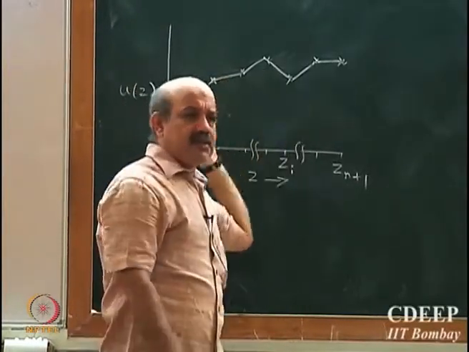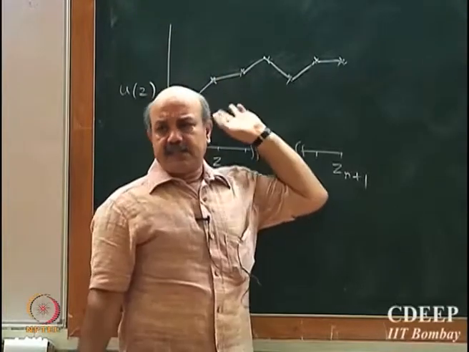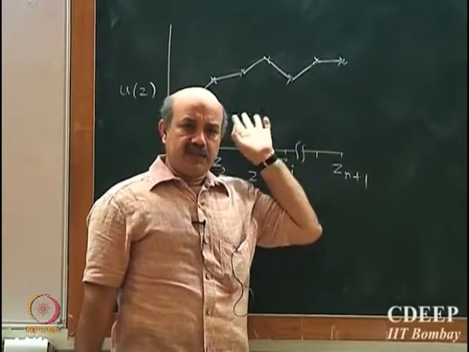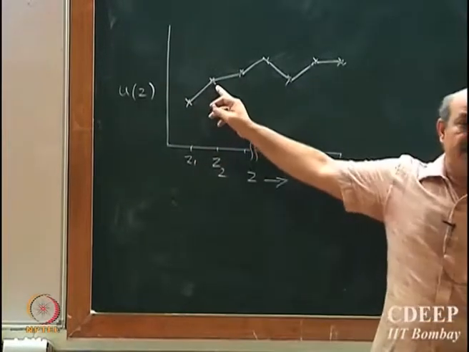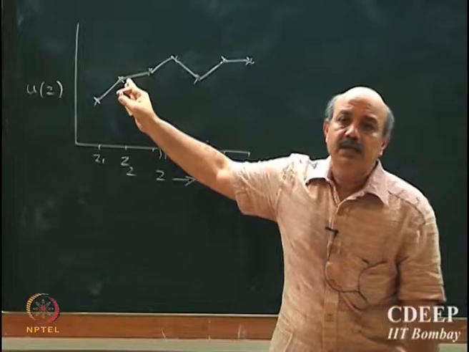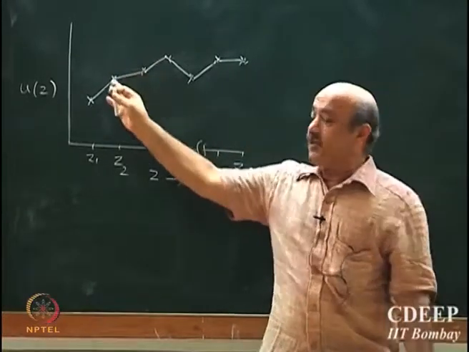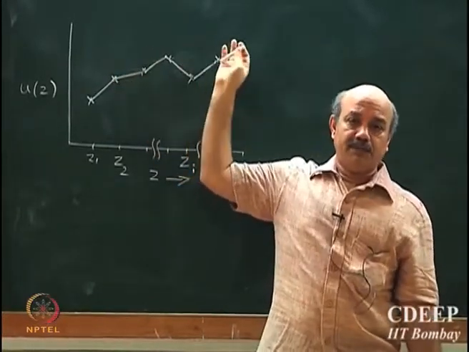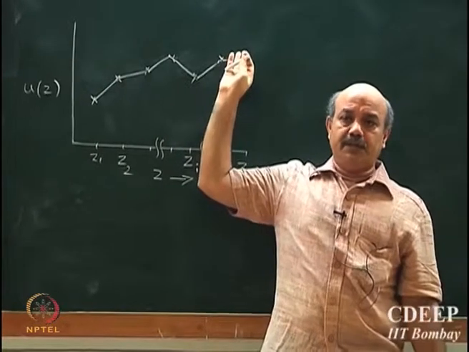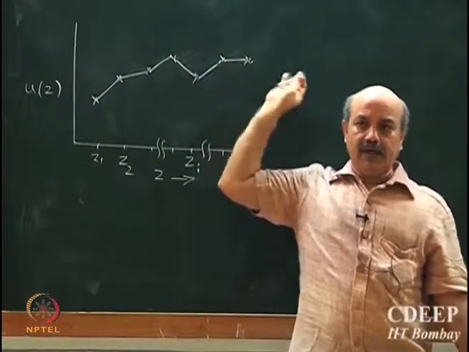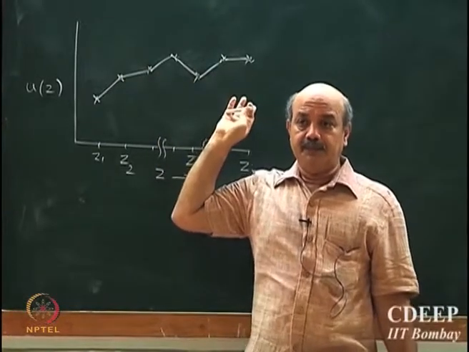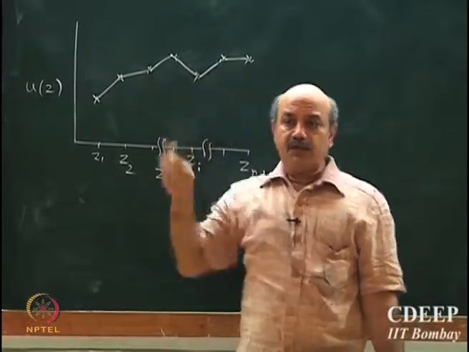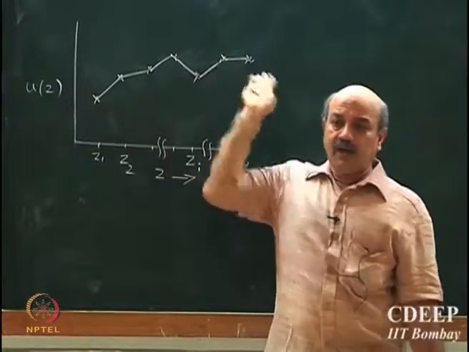What is the problem with this? This is fine. In some cases this works, this is useful. I am not saying this is not useful, but this piecewise linear approximation is not differentiable at the boundary points. Okay, so it's continuous, but it's not differentiable. So that's why we want to have higher order approximations.